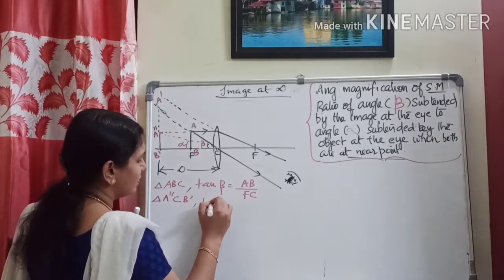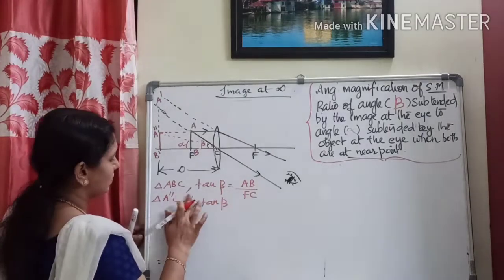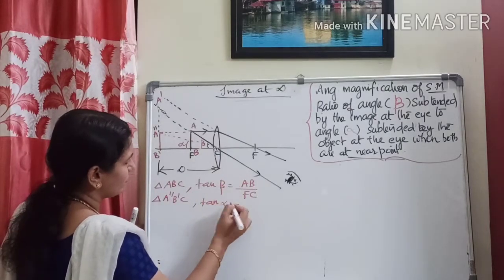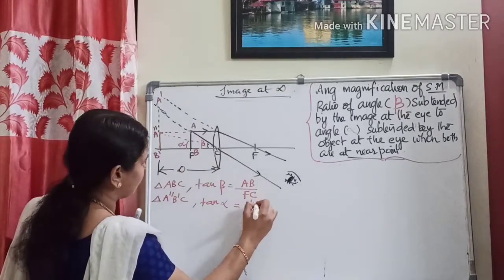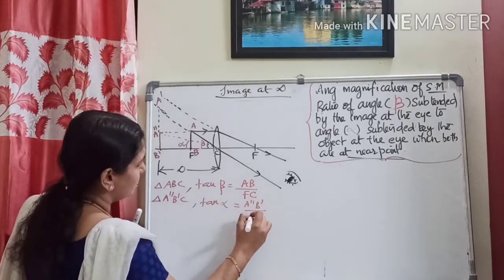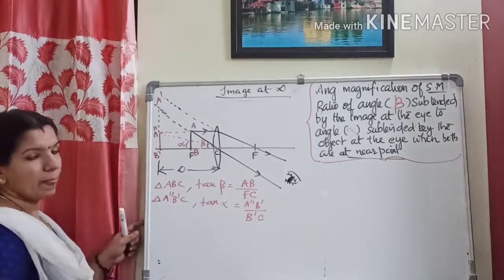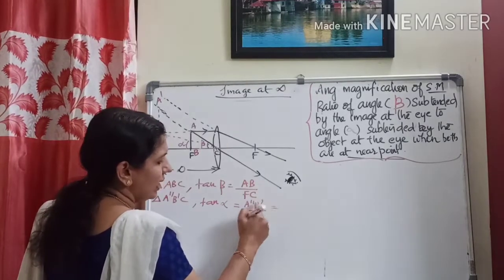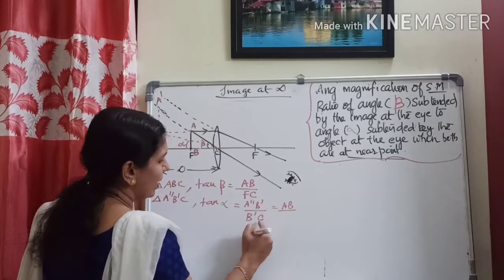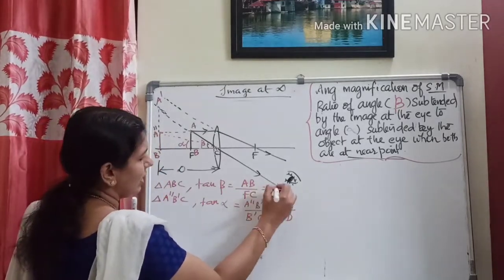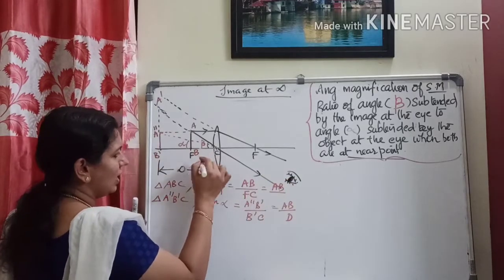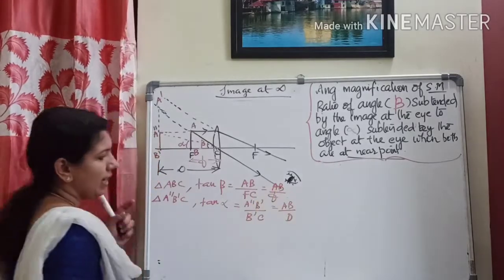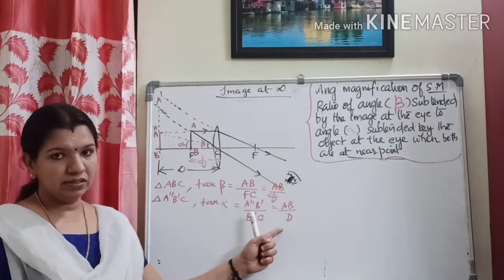What is tan alpha? Tan alpha is A double dash B dash by B dash C. Clear? Now, A double dash B dash is also equal to AB, B dash C is D, and here again AB by what is FC? FC is the focal length, F, isn't it? AB by F. Here AB by D.